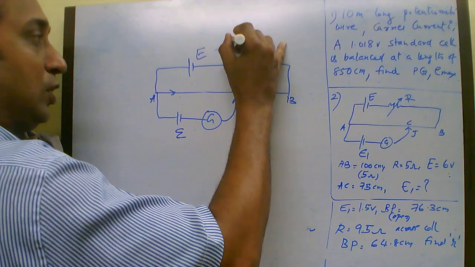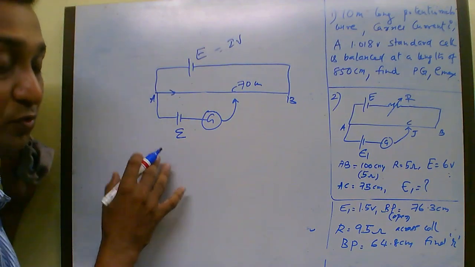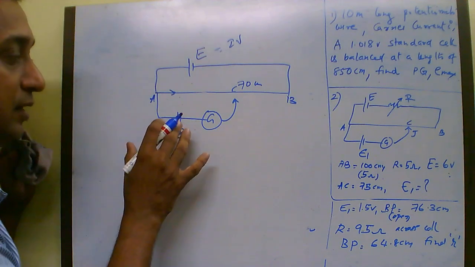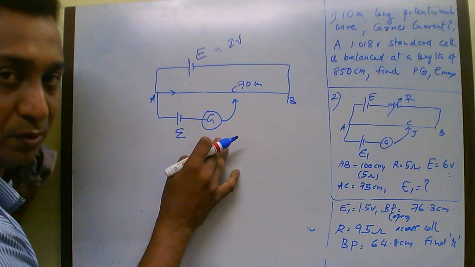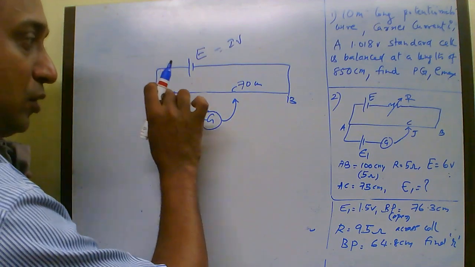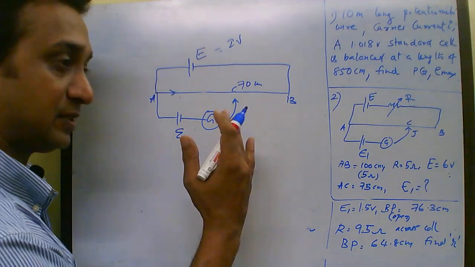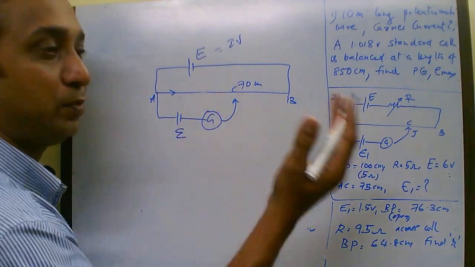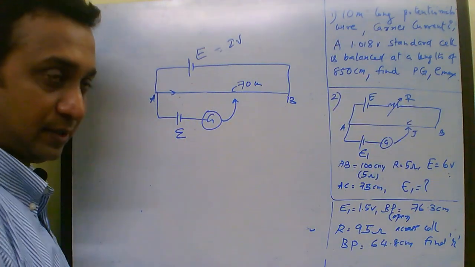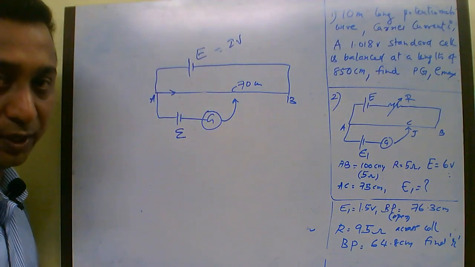Let it be 2 volt. Now you connect a cell whose EMF you want to find out, with its other end connected to a galvanometer, then to a jockey. Now you move this jockey across the length of the wire. The galvanometer needle will show deflection to either side, depending upon which direction the current is flowing.